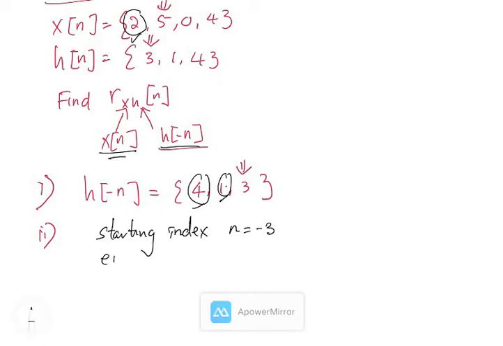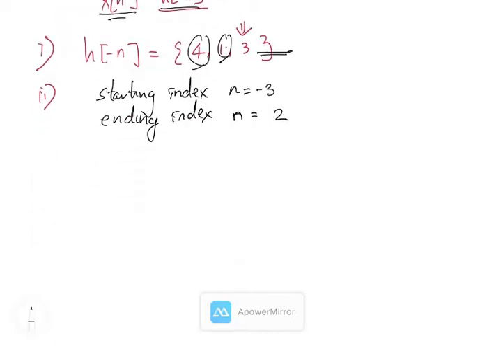Then what about the ending index? If you look here, you have plus 1, plus 2, so 2 only, because this one has nothing. So n ends from minus 3 to 2.